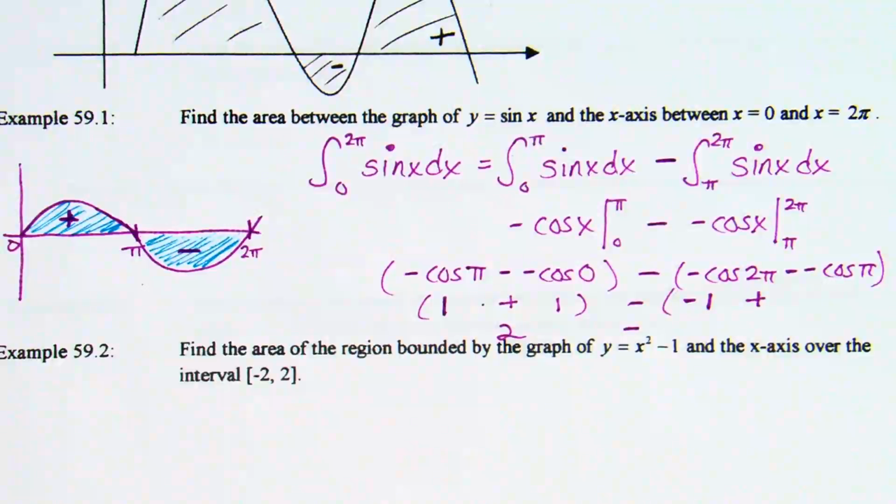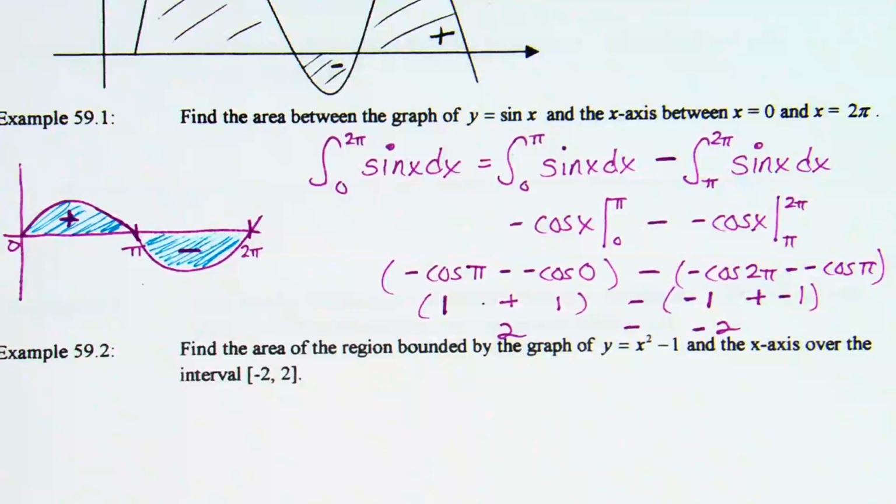Right down there at negative 1. Negative 1 plus negative 1? Negative 2. So I now have 2 minus negative 2, which is 4. Officially, it's area. So we can say 4 units squared.